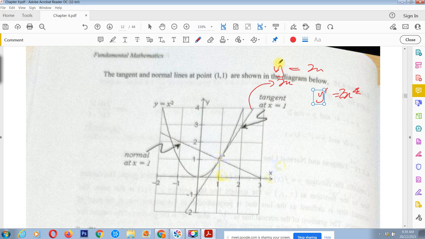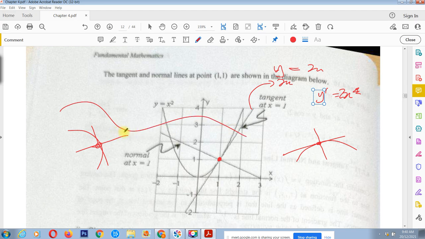That's why the tangent line exists from this point. So if we have a curve and we differentiate, we get the tangent and normal line for this point. If we have this curve, it depends on the point that we calculate.